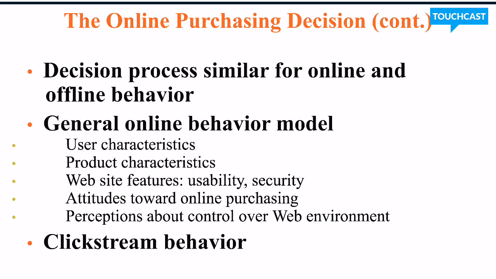The consumer decision-making process is quite similar for in-store versus online purchasing. In the general online behavior model, though, there are a couple of different things that we need to pay attention to in particular. One would be the characteristics of the user, the characteristics of the product that they're looking at, features of the website, including usability and security features, which we discussed in a previous lecture, attitudes towards online purchasing, and perceptions about control over their web environment.